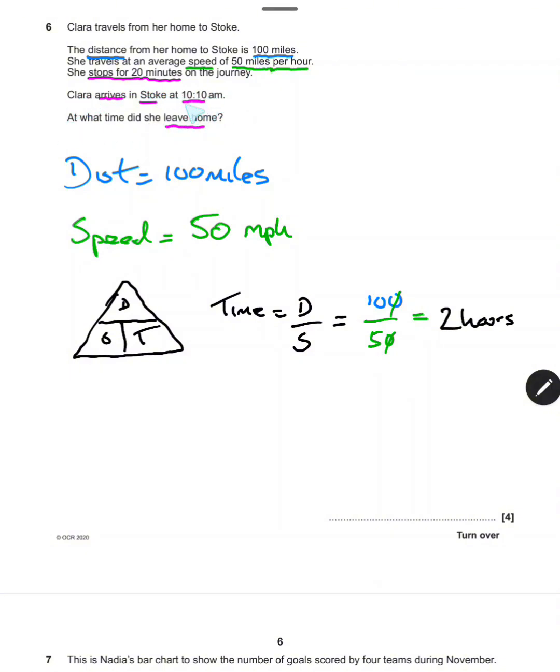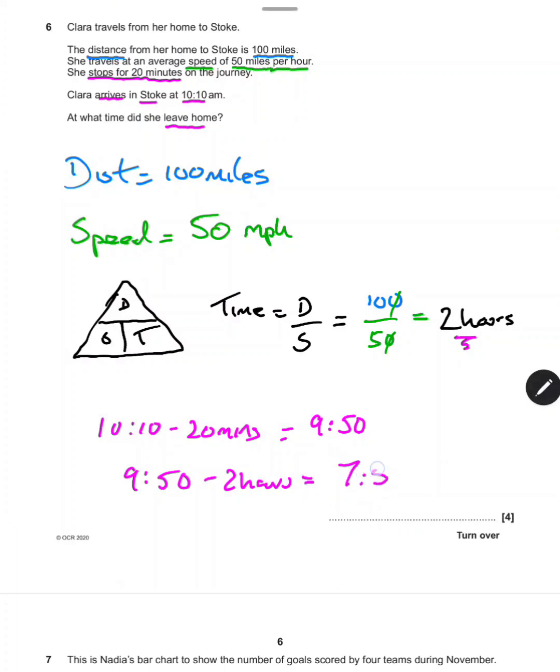So if we're thinking about 10 past 10, if we remove that 20 minutes, so 10 past 10, take 20 minutes, just removing the 10 minutes, then another 10 minutes before that, that would be 9:50. It takes 2 hours to travel the journey, so now I'm going to do 9:50, take away 2 hours, and that's 7:50, and it would be AM.